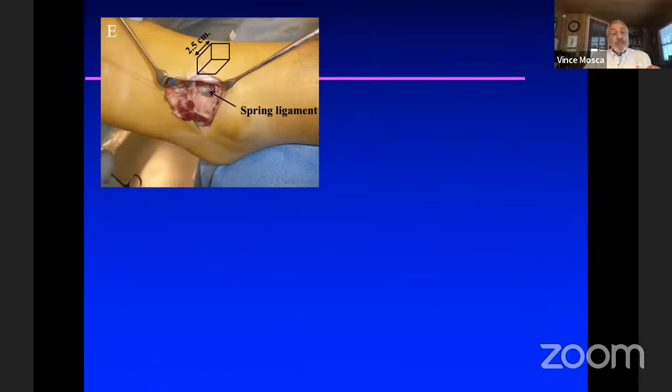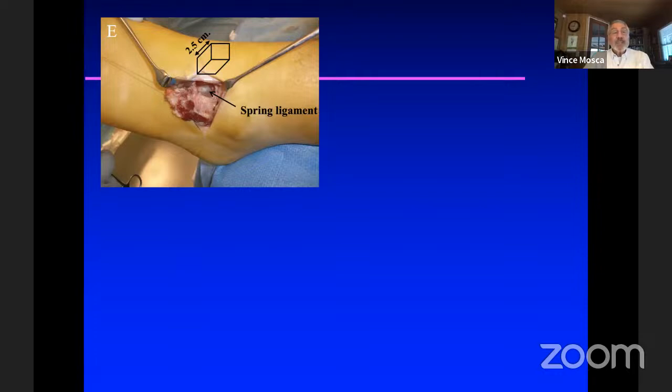I drew that rectangular cube to show it might be 2.5 centimeters deep and maybe only 1 centimeter by 1 centimeter on the surface. And when it comes out, either in one piece or by using a Kerrison rongeur to get the depth of the coalition removed, separate the two bones, not only superficially, but also in the deep, then what you're looking at is the calcaneonavicular spring ligament.